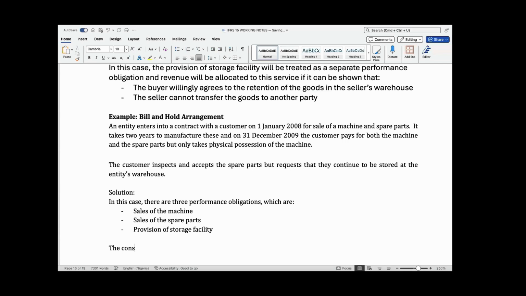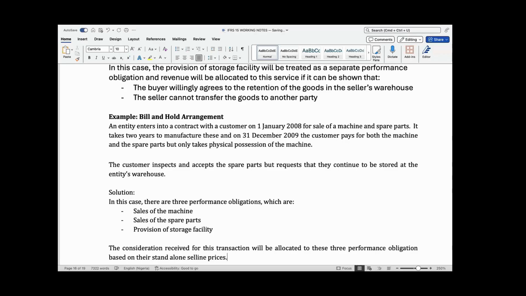So say the consideration received for this transaction will be allocated to these 3 performance obligations based on their standalone selling prices.